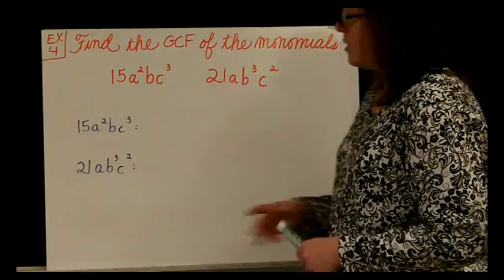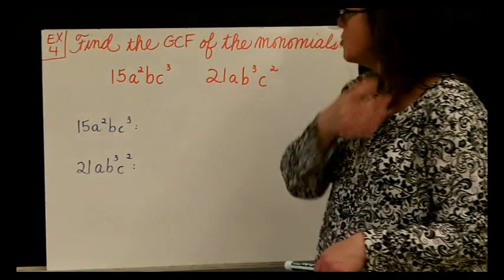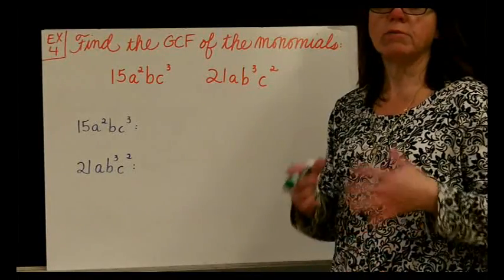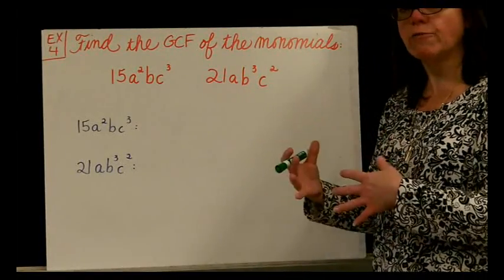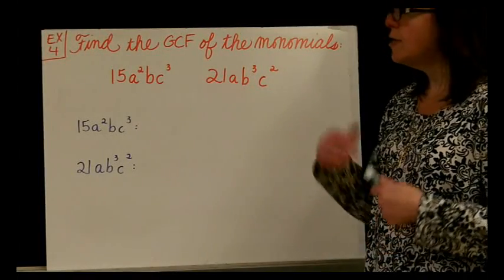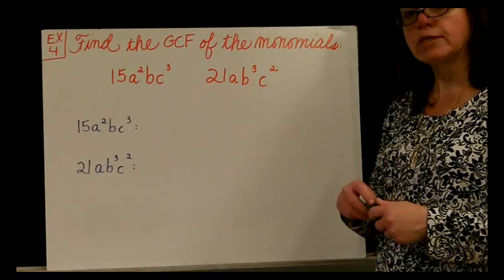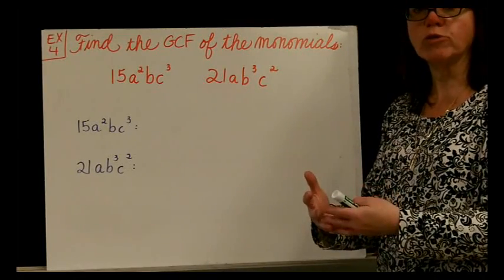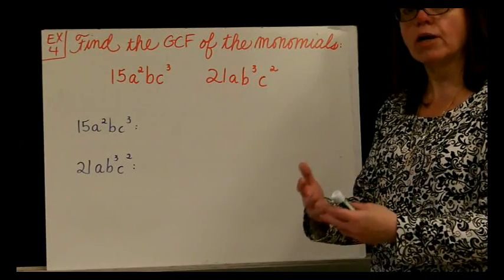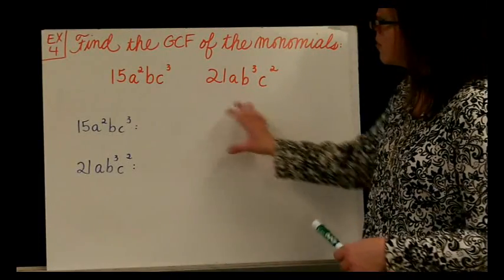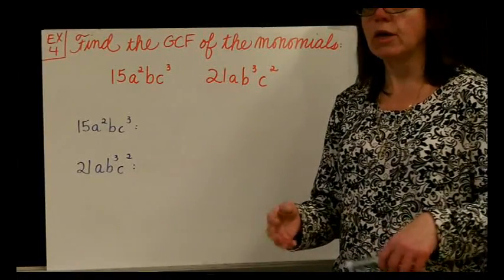Now what I did was I chose numbers, the coefficients of these monomials, to be very simple, because what I want for you to get right now from this video is understanding the steps, to know the process. If you know the steps, then later when you have more challenging numbers, you'll be able to readily apply what you know. So for the sake of space, I'm going to forego the factor trees.